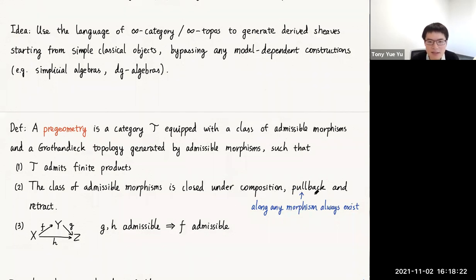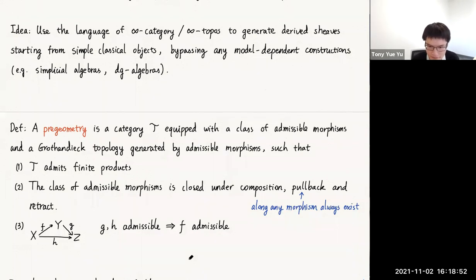And we assume that pullback of admissible morphisms along any morphisms always exists. And third, when we have a composition, if G and H are admissible, this implies that F is also admissible. Yeah, so it's an abstract notion.